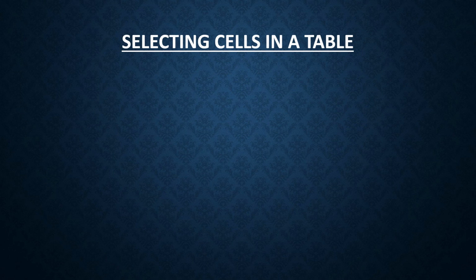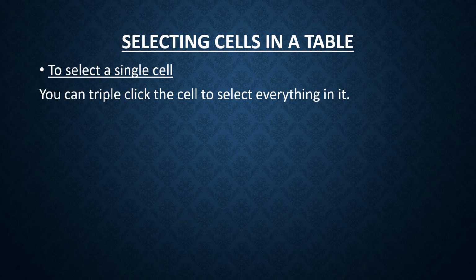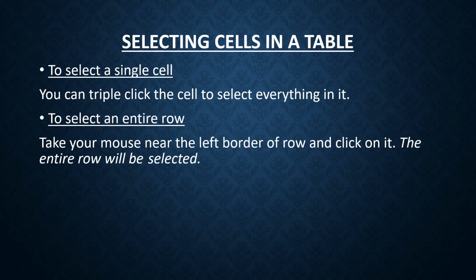Selecting cells in a table. Now you can select a single cell. How you can select a single cell? By triple click on the cell, you can select everything in it. To select entire row, take your mouse near the left border of row and click on it.